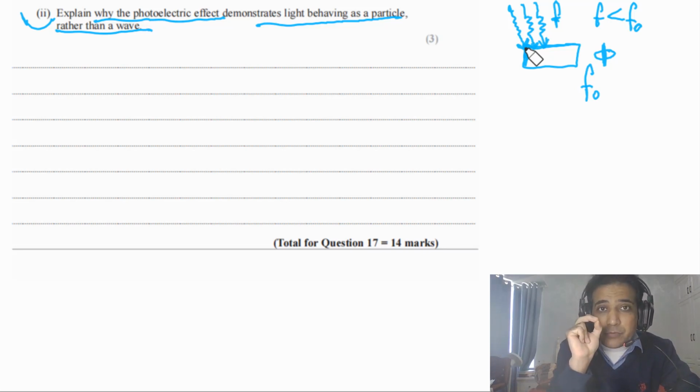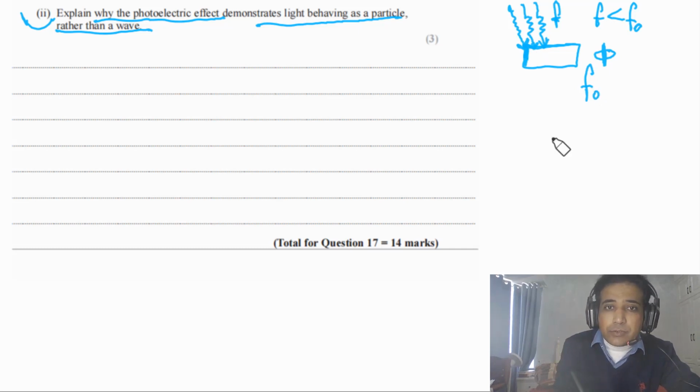This is one of the reason photoelectric effect demonstrates light behave as a particle, not as a wave. If light behave in this case as a wave, so electron, they will accumulate energy and there will be emission of photoelectrons. But this is not happening. So that's the reason photoelectric effect demonstrates light behave as a particle.